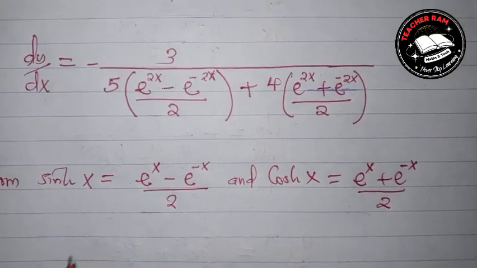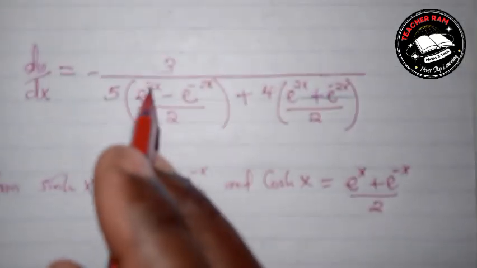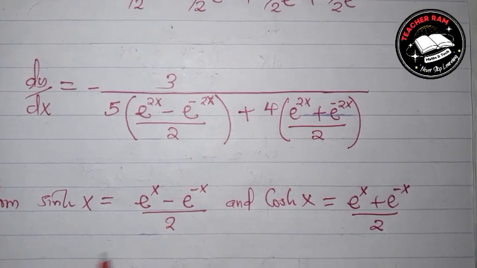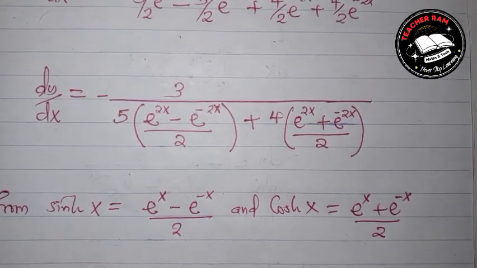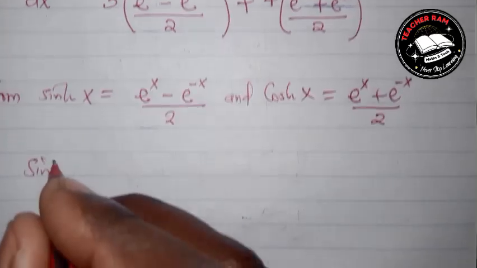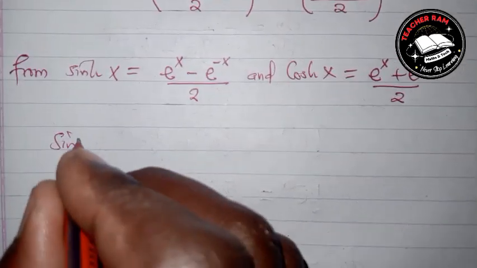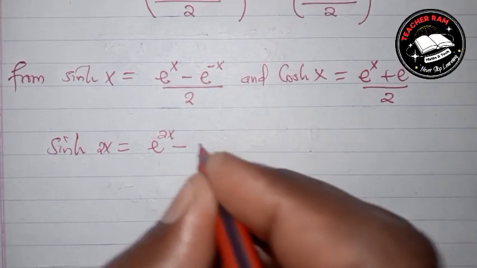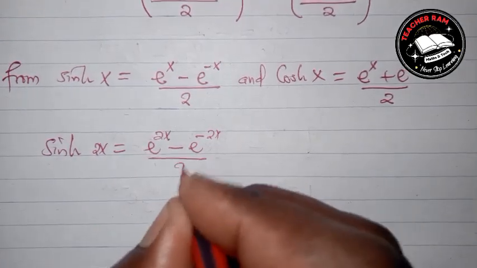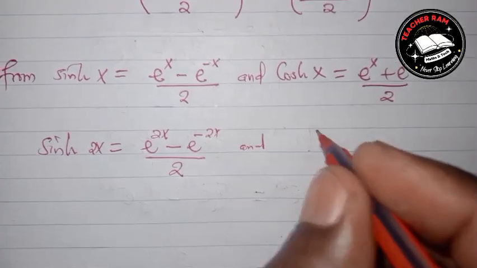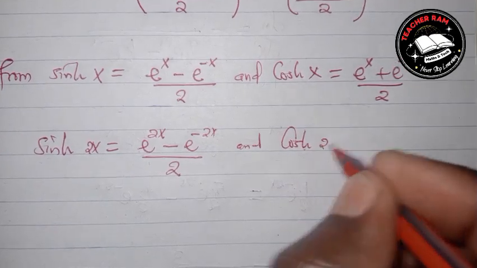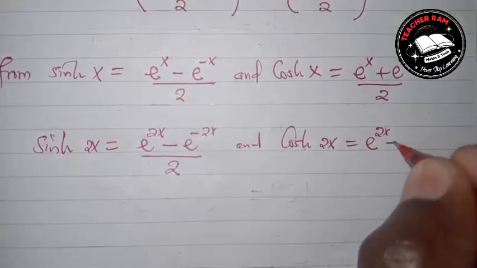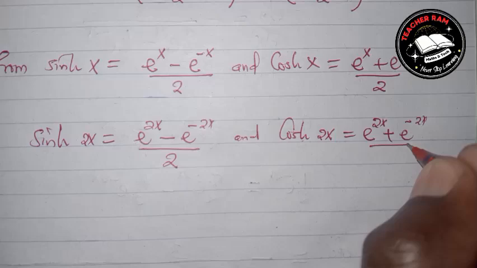Here our angle is 2x and negative 2x, so sinh of 2x will be equal to e power 2x minus e power negative 2x divided by 2, and cosh of 2x will be equal to e power 2x plus e power negative 2x divided by 2.